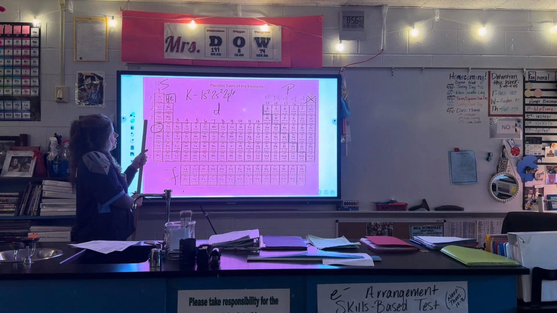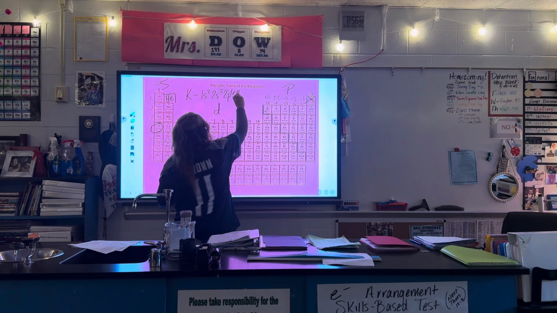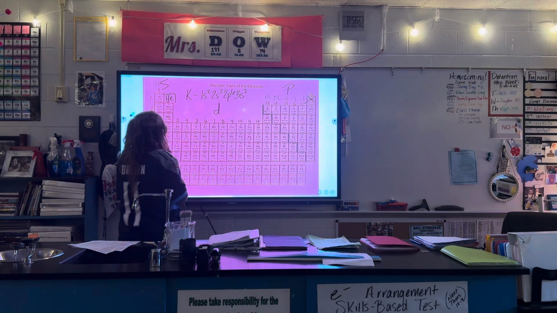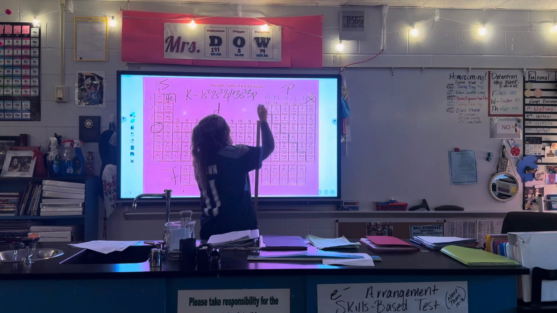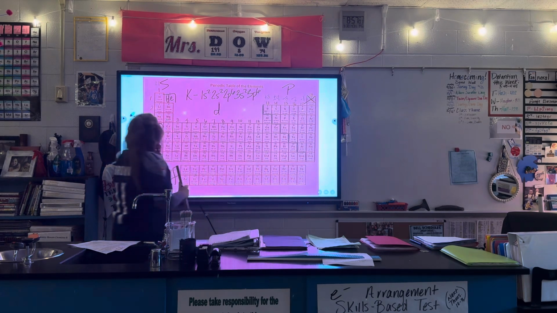Next row. What row am I on? 3. Block? S. How many elements? 2. So 3s squared. Keep going across. What row am I on? 3. What block? P. How many elements across? 6. We're almost there to potassium.